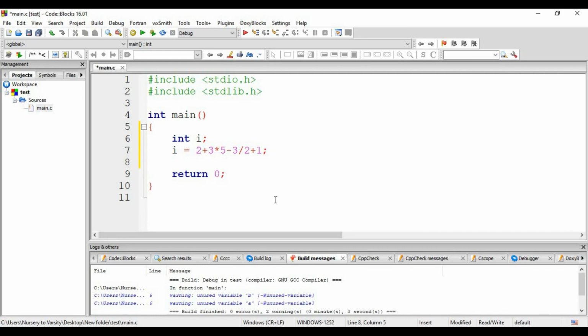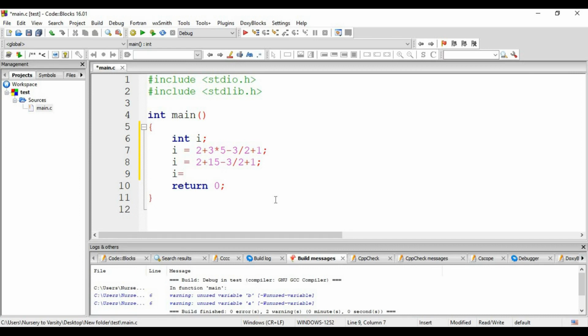We'll move from left to right in the associativity part. First, it will be solved like this. i is equal to, first the multiplication will be solved as it is of higher priority, and on the left it is coming first. So the result will be 2 plus 15 minus 3 divided by 2 plus 1.